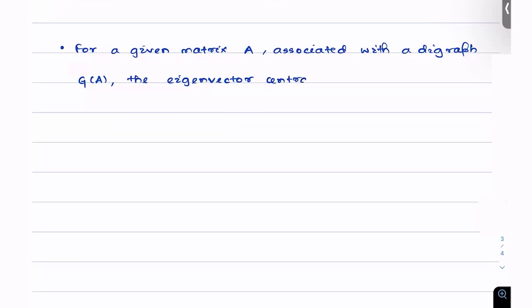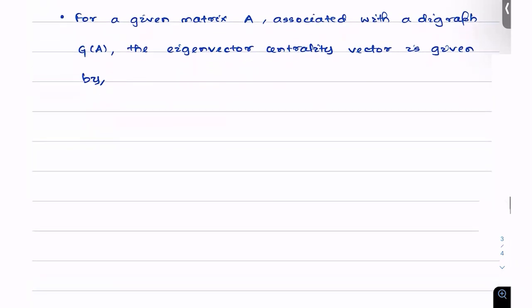Given a matrix A associated with a digraph G(A), where we simply mean that the matrix A serves as the adjacency matrix for the digraph G, the eigenvector centrality vector is given by C_EV.